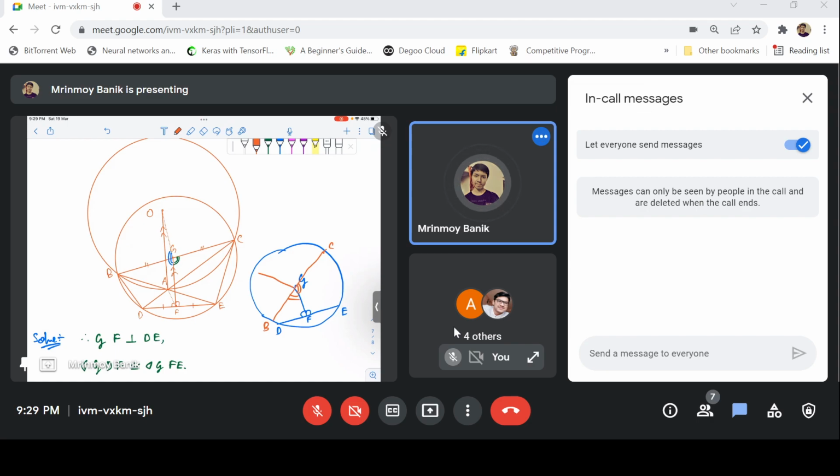Oh, and yeah, what is the definition of a circumcenter? It's the intersection of the side perpendicular bisectors, right? So that shows GO is actually perpendicular to BC. So this is 90.